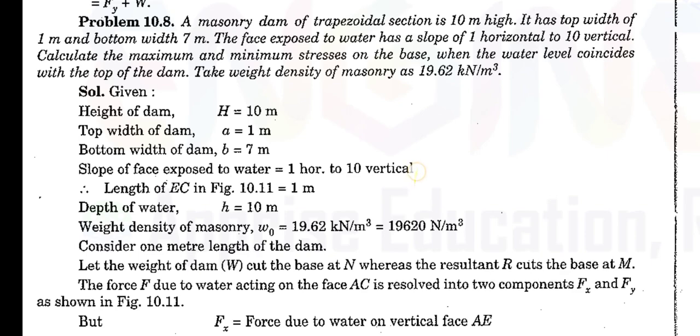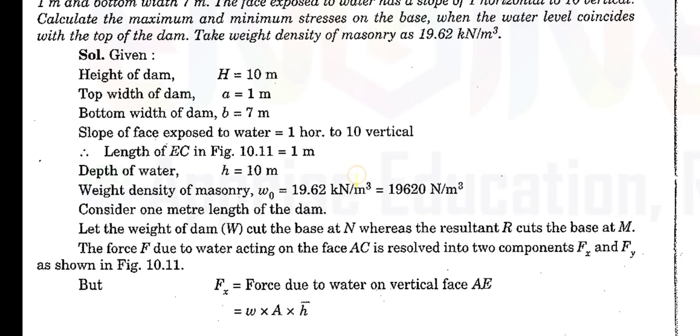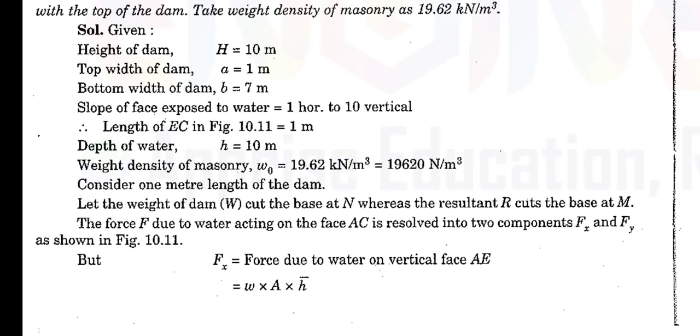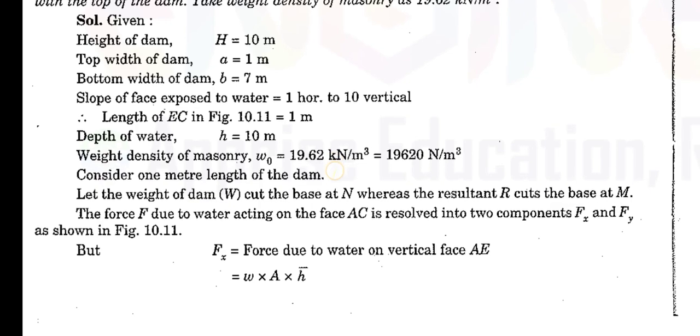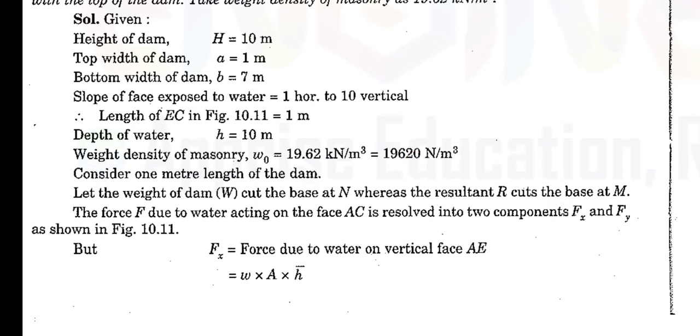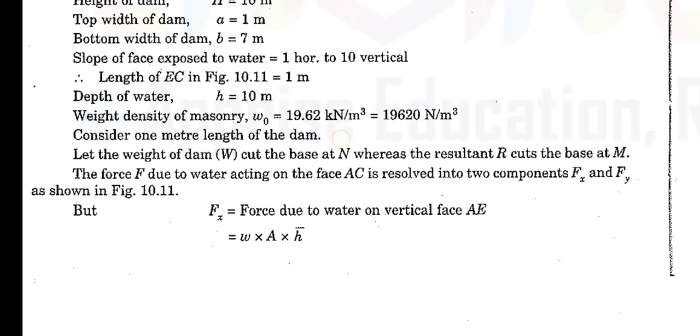The side slope is 1 horizontal to 10 vertical. Then the weight density of the masonry is 19,620 Newton per meter cube, because the kilo is multiplied with the number. Consider 1 meter length of the dam.